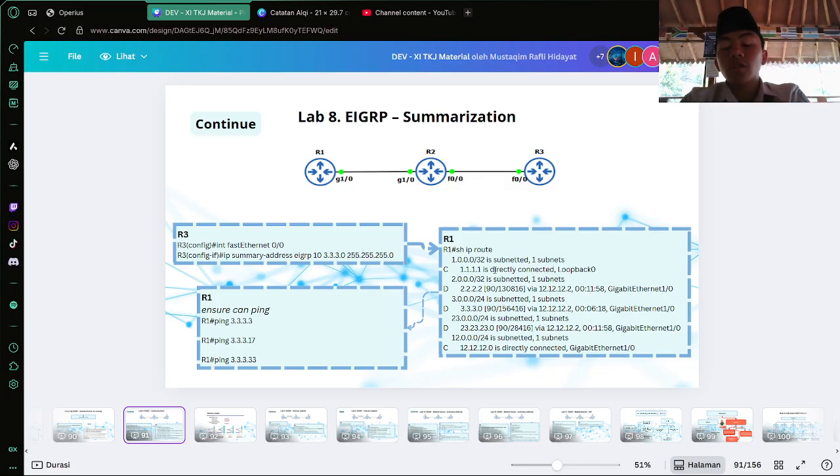This command tells AJRV to summarize all the specific IP addresses of the routes behind that interface into a single large summary route and advertise it to router 2. The following commands on router 1 are used to test accessibility before and after summarization to ensure that connectivity is not lost.